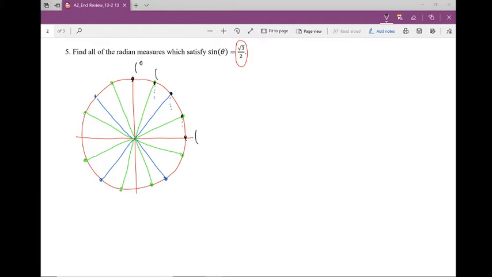So this is the first x-coordinate, then the second, and then the third, and then the fourth. This makes sense because this is shorter than this length, which in turn is shorter than this length, which is in turn shorter than this. So it goes in smallest to greatest order.